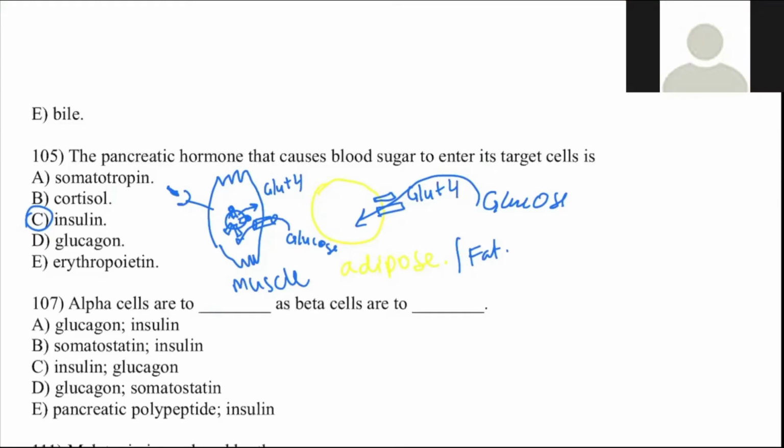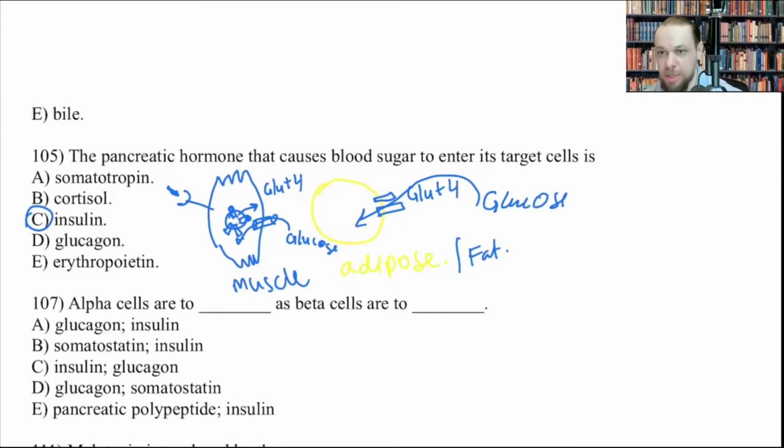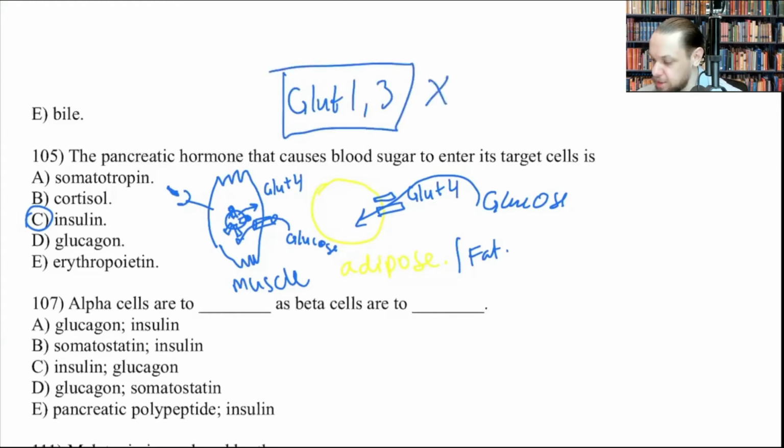Yeah, brain and red blood cells. That's what you want to remember. Central nervous system and red blood cells can take up glucose without insulin binding. They have glucose type 1 and type 3 transporters. These are not insulin mediated, so they can basically absorb glucose as needed.